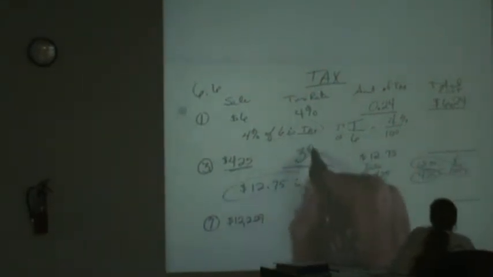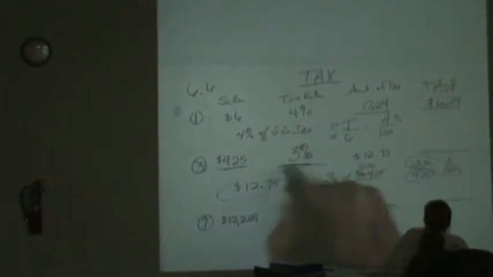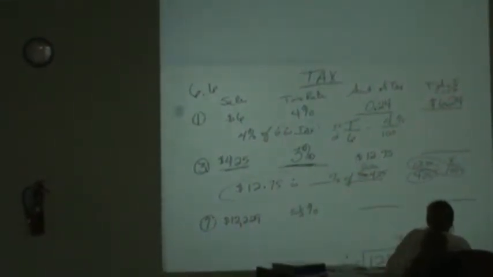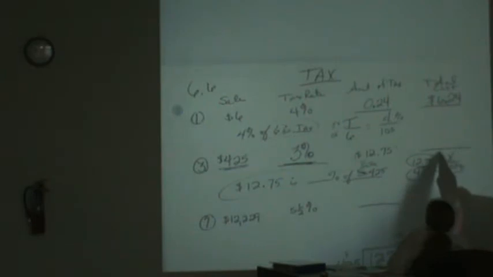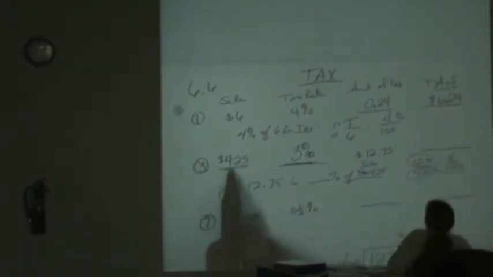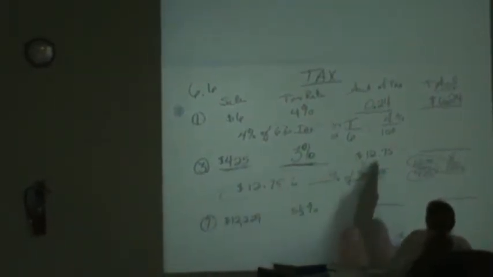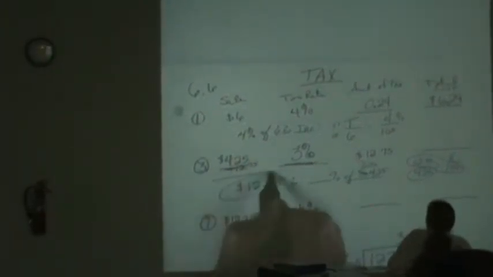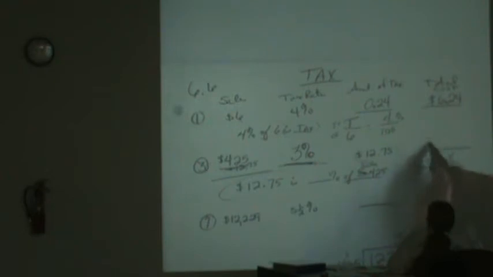So 3% is our tax rate. Okay, what is our total cost? Sale plus tax, right? So add $12.75 to the sale. 437.75. Okay.